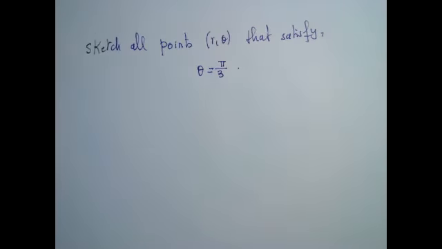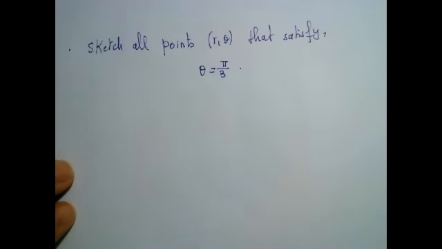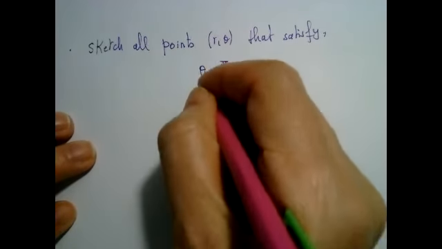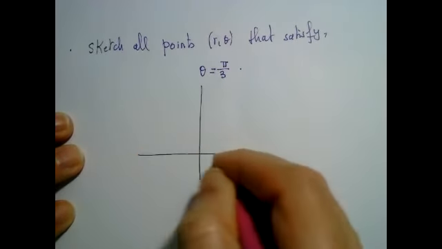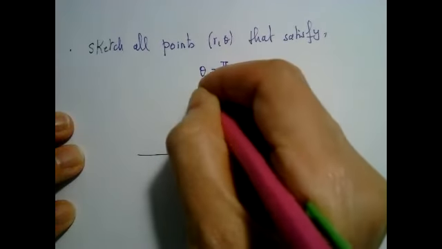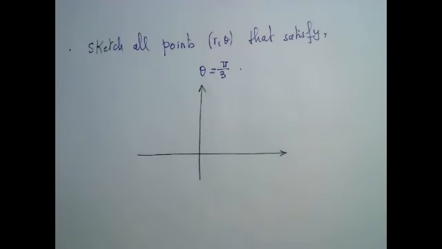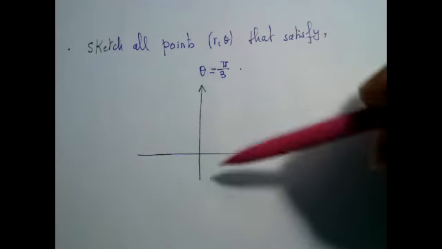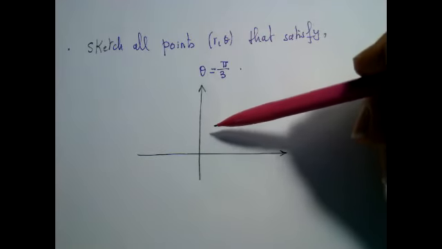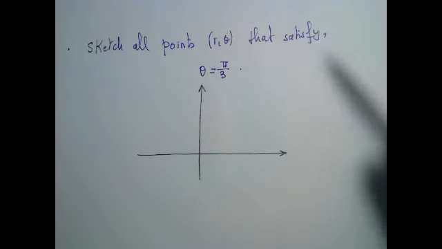Okay, so I want all the points where the angle is pi over 3, all the points that satisfy this condition. And please, I want all of you to participate, not the same student. So think about theta to represent the angle. So all the points whose angle is pi over 3. What do we get when we sketch those?